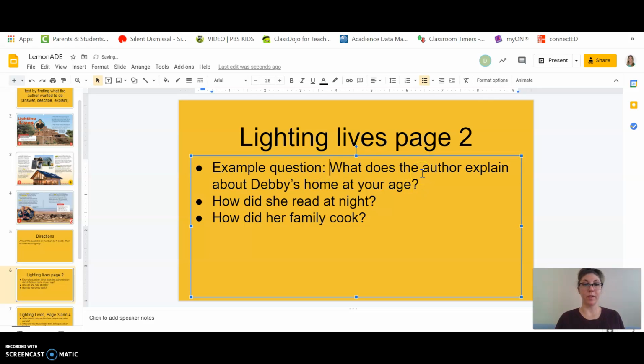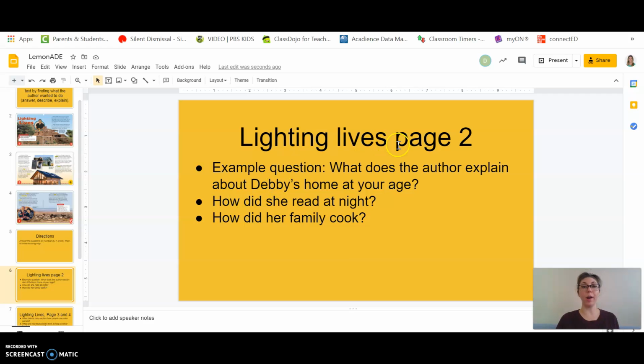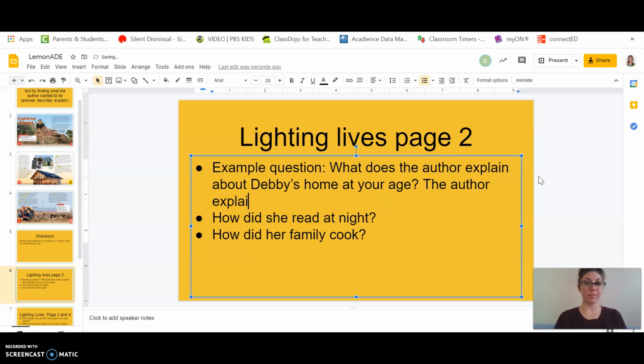So, the author explains that when Debbie Tiwa was your age, her home had no electricity, okay? So, at your age, the author explains that her home had no electricity, okay?